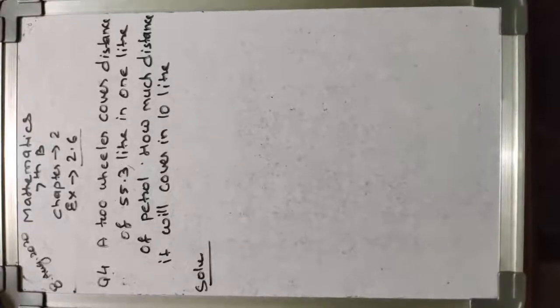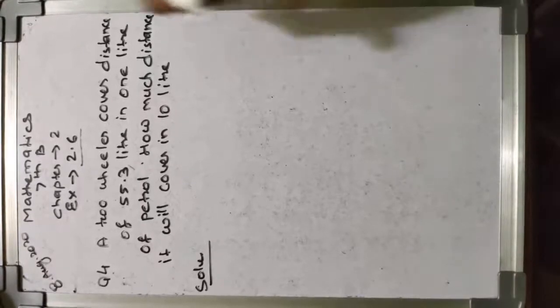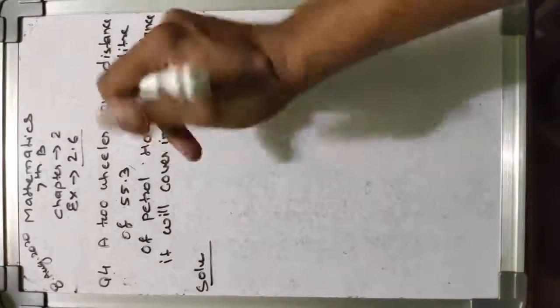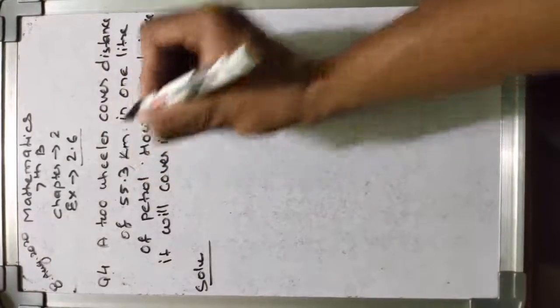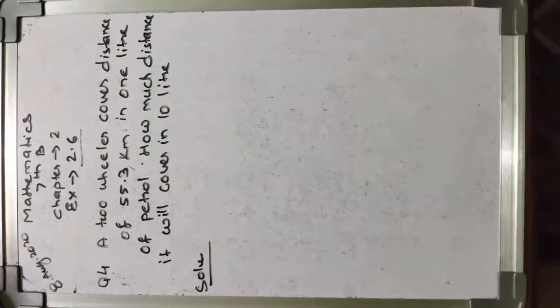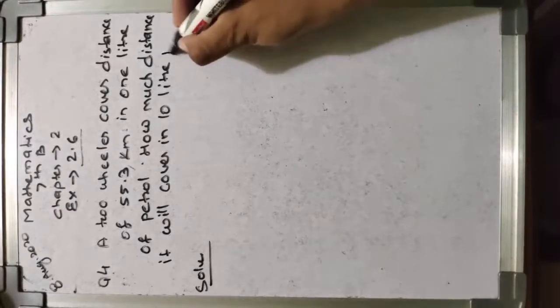So this is your fourth question, and in this question a two-wheeler covers a distance of 55.3 kilometers in 1 liter of petrol, but how much distance will it cover in 10 liter petrol?